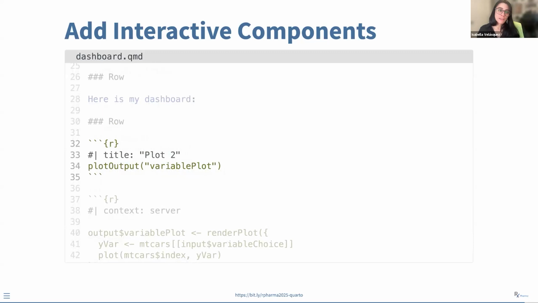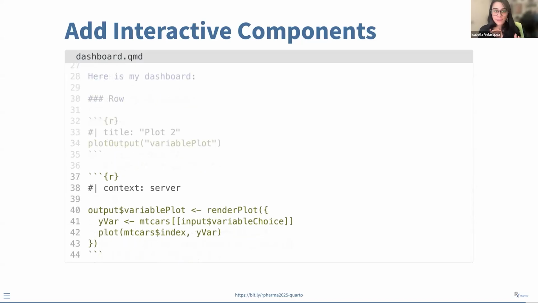And then down below in the main body of the dashboard is going to be the result of that. So a plot that is going to render based on whatever variable was chosen in the sidebar. And then I have to explain to Shiny what to do. So in this case, filter the mtcars to select just that one column and then plot it.